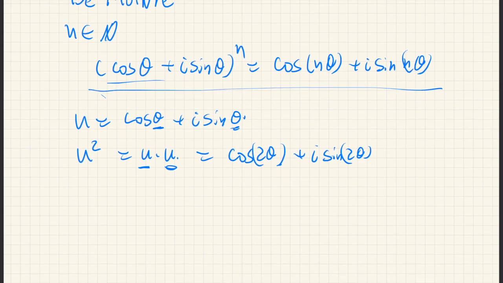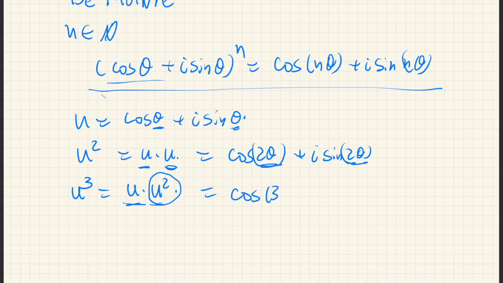Okay, and similarly, if you cube u, then that is u times u squared. And the argument of u squared is 2 theta, and that is rotated by the argument of u again, that is theta. So the result should be cosine 3 theta plus i sine 3 theta, and so on.